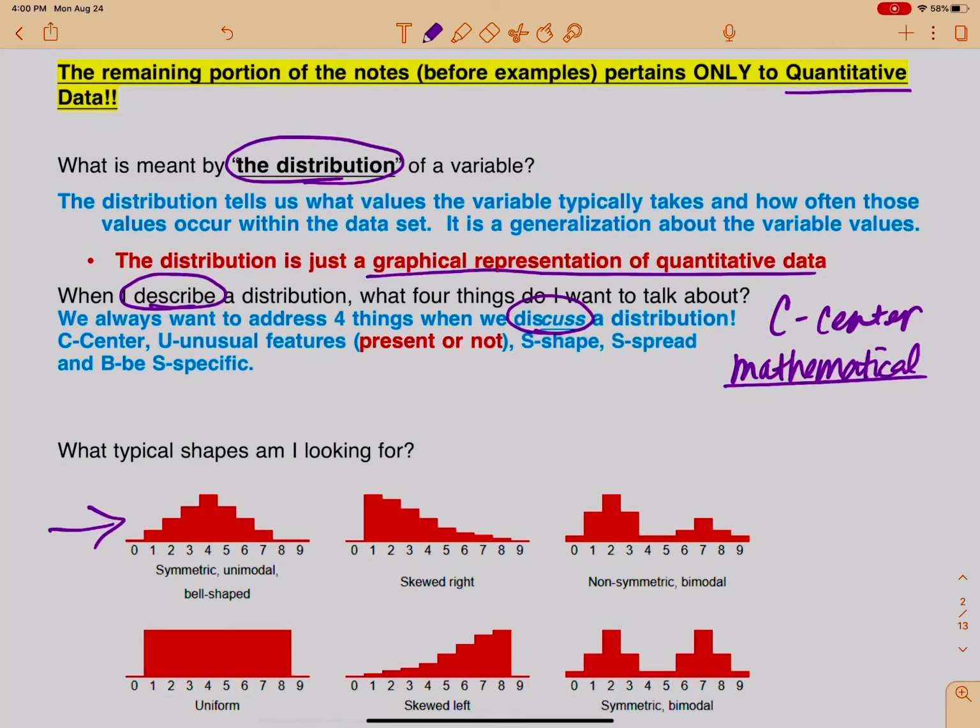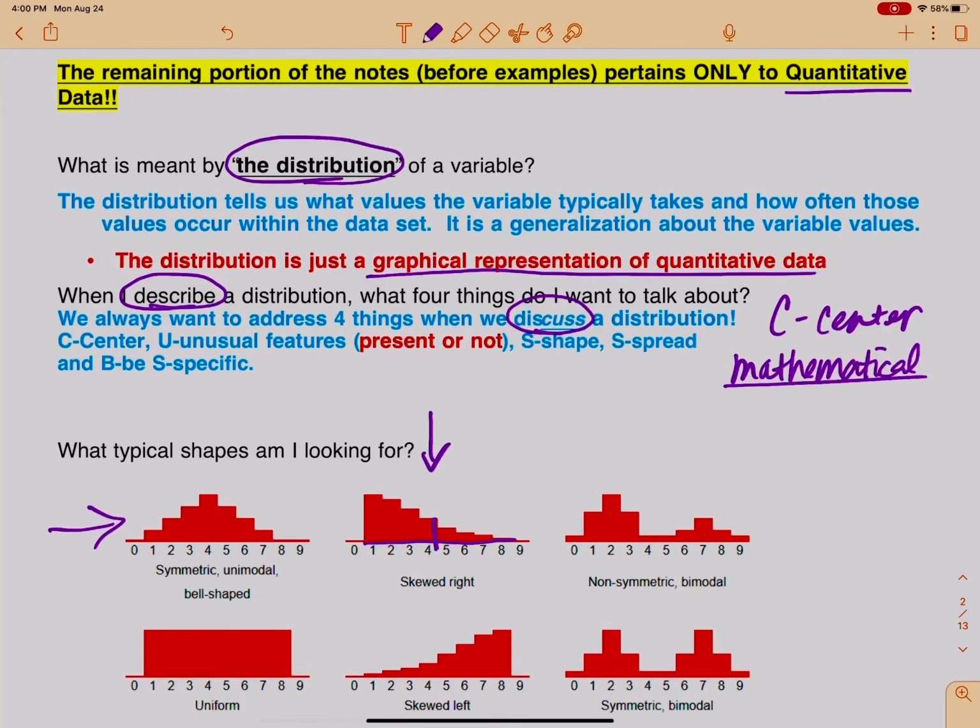As an example, let's look at this skewed right distribution down here. The distributions that are skewed are often the ones that students have trouble with deciding where the center is. Well, I can look at this and I can easily see the center of the graph, right? It's about right there. But that's not the center of the data.